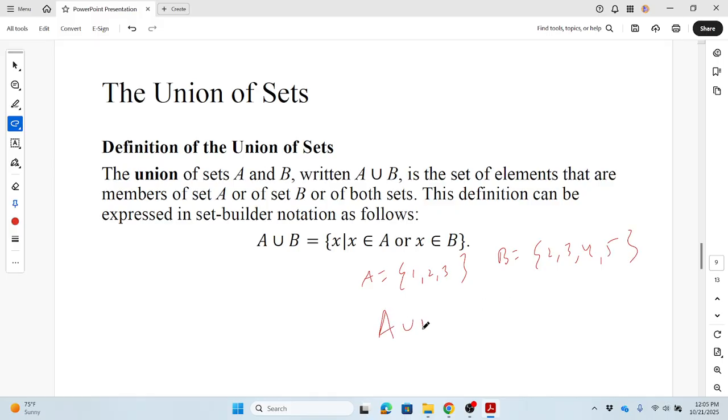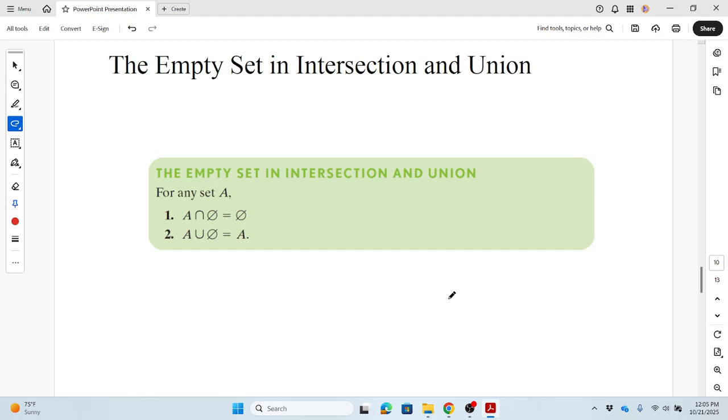Then A union B means everything from here without repeating anything. So 1, 2, 3, we finish everything from here. We go and start from here, but 2 and 3 are already here, so we don't repeat them. 4, 5. So A union B means this set.